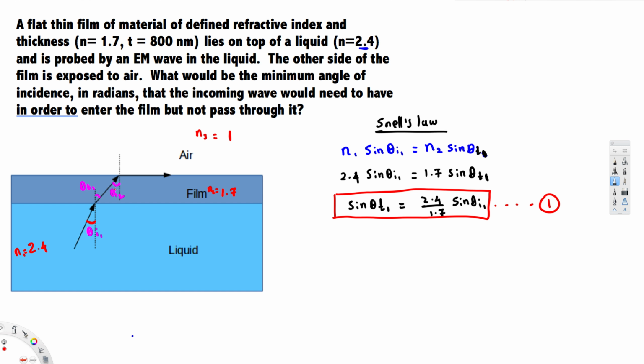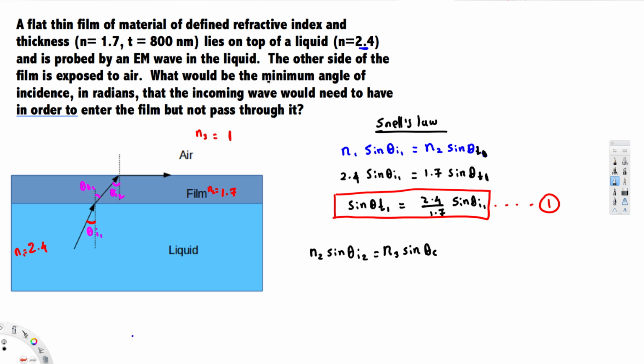Now we are going to apply Snell's law again for the second interface. So n2 sine theta I2 is equal to n3 sine theta C. This is the critical angle, because in order to prevent escaping, the minimum angle should be the critical angle, that is, total internal reflection.